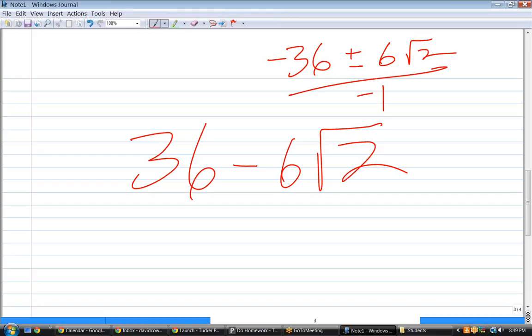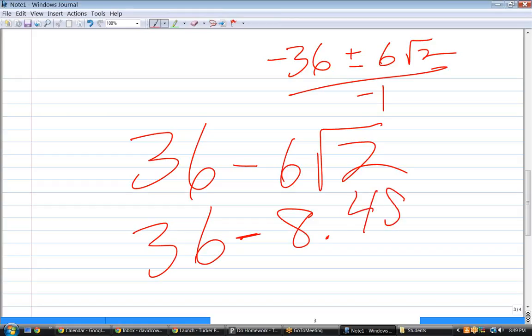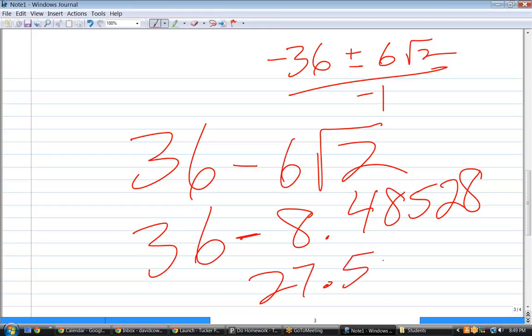Ah, I got the wrong number last time. Interesting. This time I got 8.48. Oh no, that's what I got last time. And when I multiply that, I get 27.514. Rounds down, not up. Oh. For some reason I had a 5 last time.